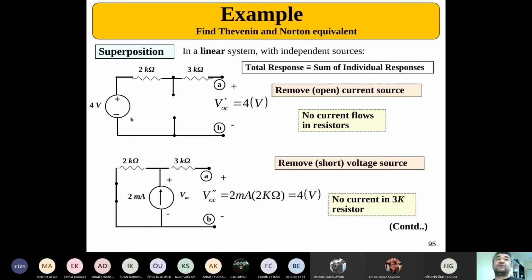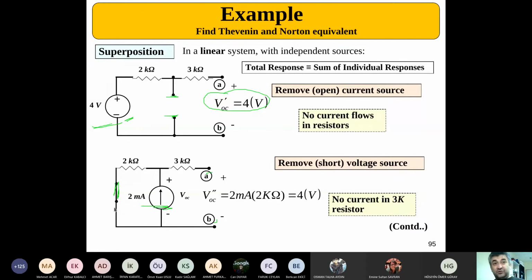Here, we first use this voltage source and open circuit the current source, and calculate the VTH here, which can easily be calculated. As you can see, the voltage between those two terminals, since no current is passing through here, is directly 4 volts. Now the second way is, this time we short the voltage source and use the current source as the only source in the circuitry, and calculate the voltage on this side.